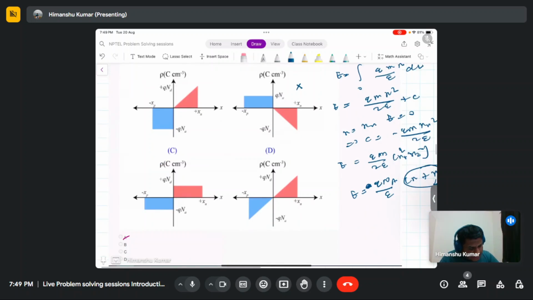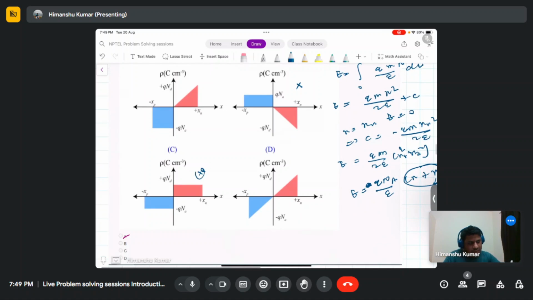This one is also wrong because both profiles are symmetric there, whereas the right side is linearly graded doping and the left side is uniform doping. And this is also wrong because according to it both sides should have linear doping. So the correct answer is the first one, option A.